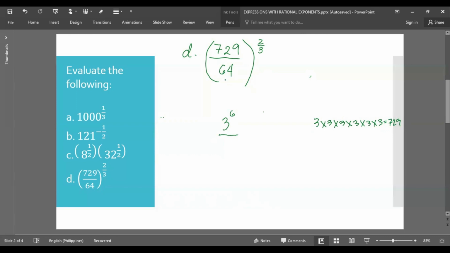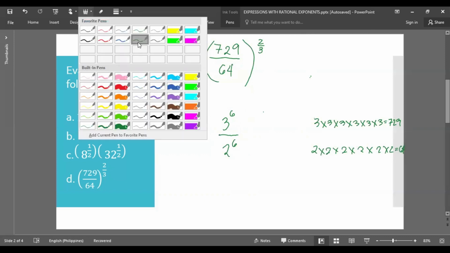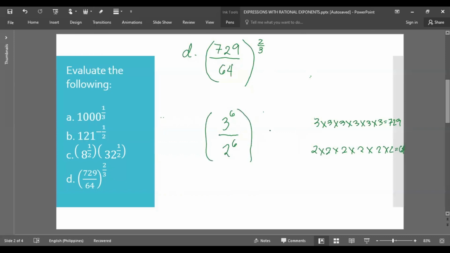While 64 can also be expressed as 2 raised to 6 because 2 times 2 times 2 times 2 times 2 times 2 is 64. Then copy the exponent, 2/3. Then you may apply here the fifth law of exponents. Distribute the exponent 2/3 to both the numerator and the denominator.